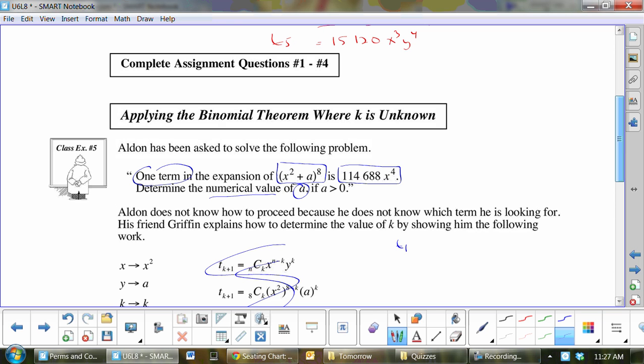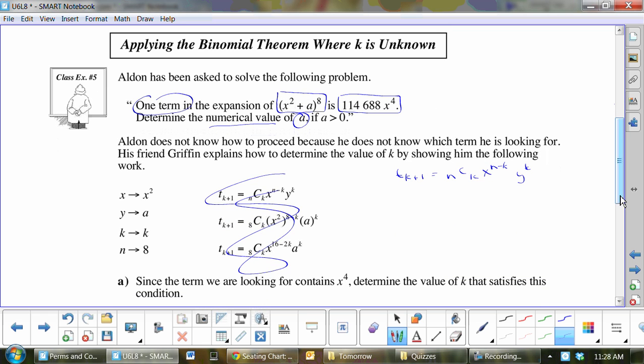So we are going to start by writing the formula nCk x to the n minus k, y to the k. Now, I want you to look at the question: x squared plus a. Do I know the term number?